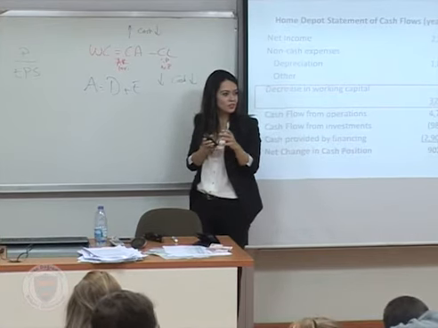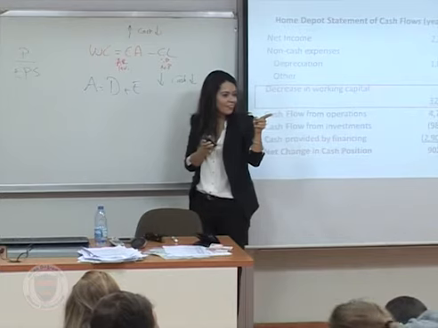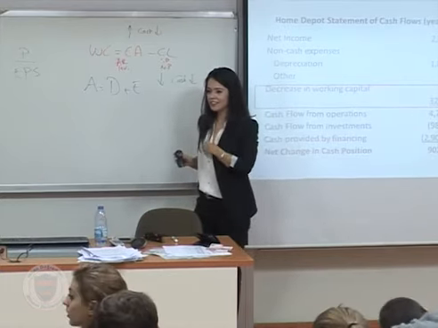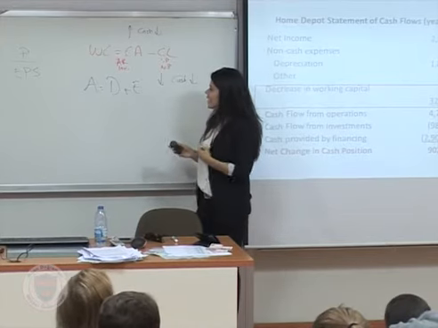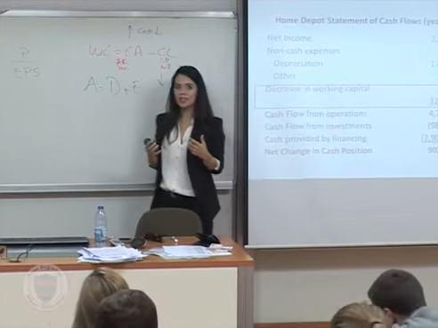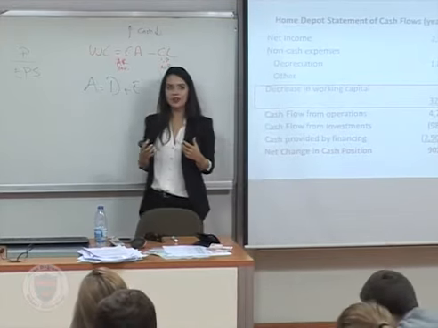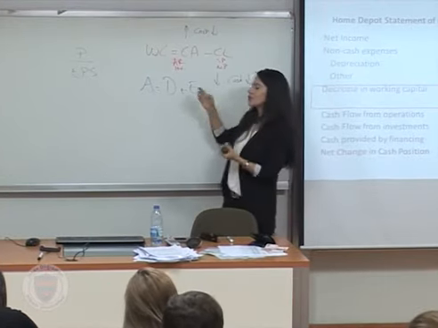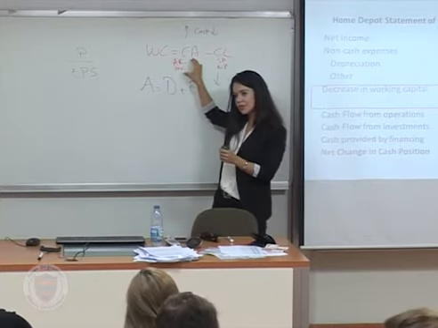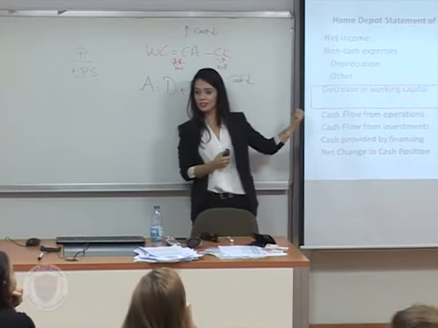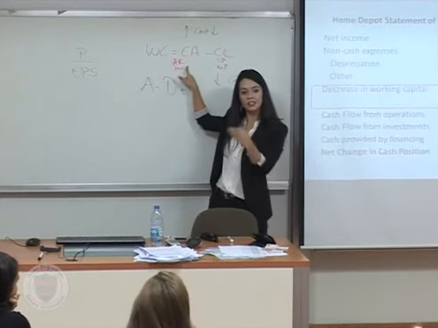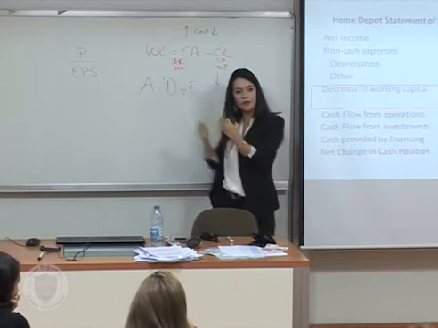There are confused faces, no? You got it? Yeah. Is cash not part of current assets? Yes, but cash is already the result of all those things, so you don't have to consider it anyway. You're right, cash is here in current assets, but we are interested in the statement of cash flow, so we are looking at how the changes in the other current assets or current liabilities will affect your cash.